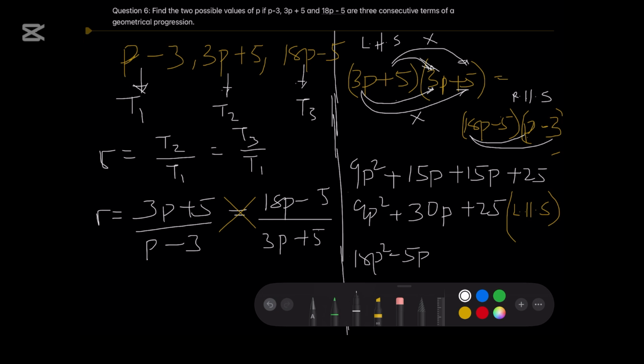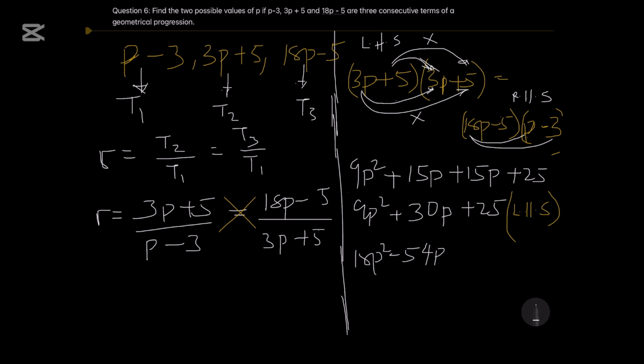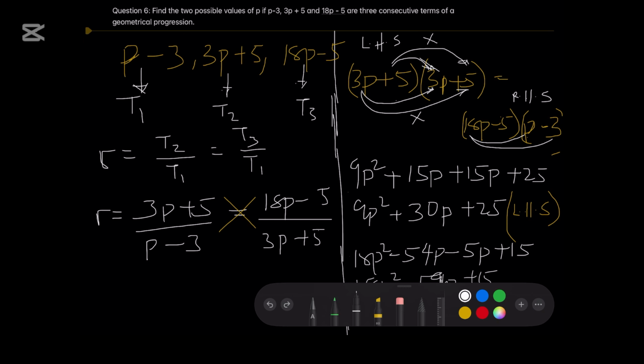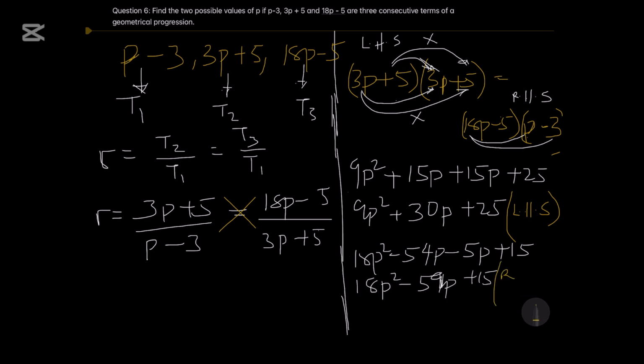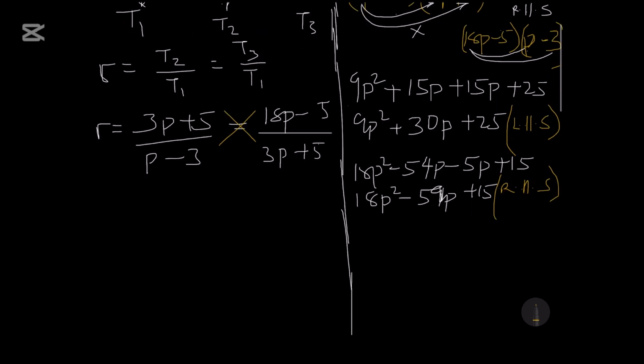Okay, let's do it accordingly. 18p square, and then secondly we have, this time, this is minus 54p, minus 5p, and then plus 15. Simplifying that, we have 18p square minus 59p plus 15. So this is our right hand side.